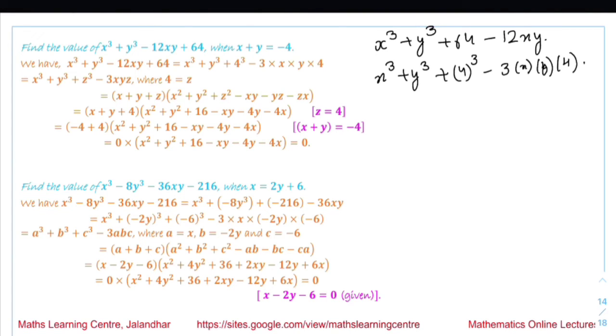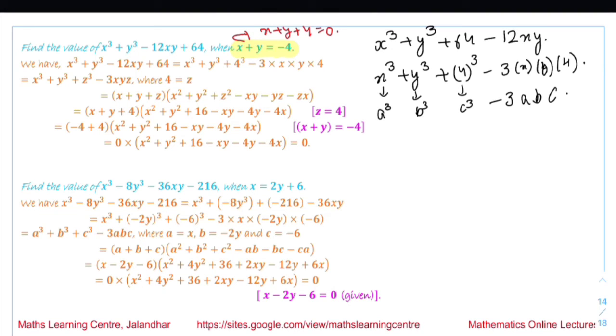So this is of the form a³ + b³ + c³ − 3abc. The second thing that is given to us is that x + y − 4 is equal to 0. So I can write it like x + y + 4 is equal to 0.